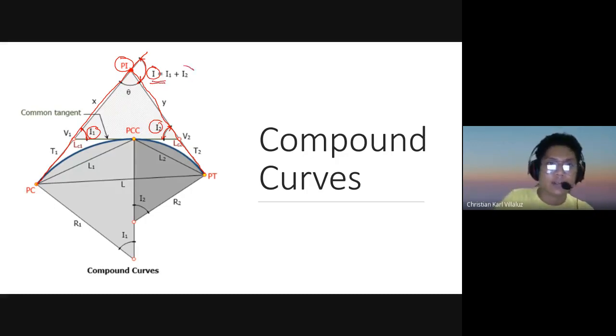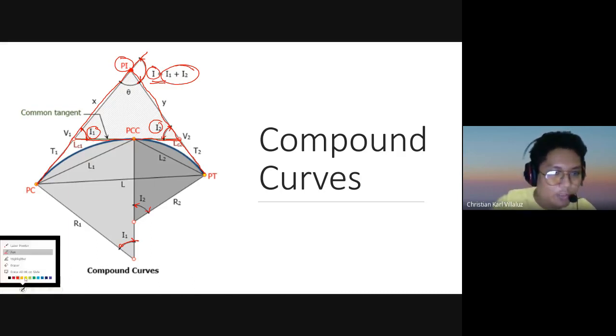So, to determine the angle of intersection, just add the two central angle o yung angle of intersection ng dalawang simple curve. So, I1 plus I2. Now, may tinatawag din tayong common tangent or simply yung dalawang tangent na magkatabi ng dalawang curve. So, makaka-form yun ng straight line. So, call that the common tangent.